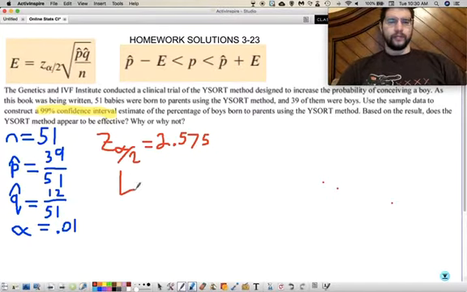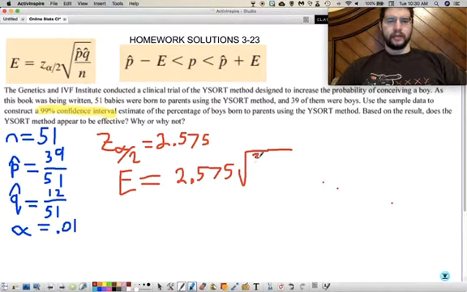So now E is equal to 2.575 times the square root of p-hat times q-hat divided by n.